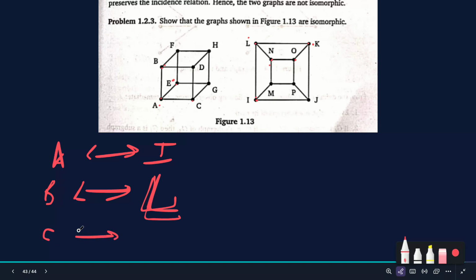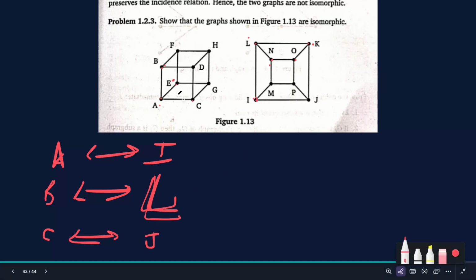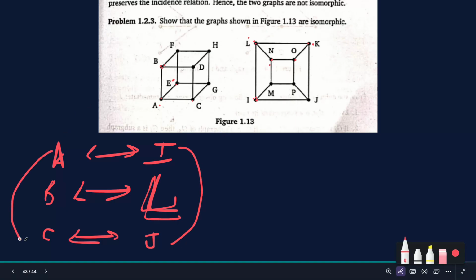Now C: A is connected with C, but B should not be connected with C. So I need something which is connected with I, let's say J, but it should not be connected with L, because B and C have no connection. So L and J should have no connection, but I and J should have a connection, because A and C have a connection.